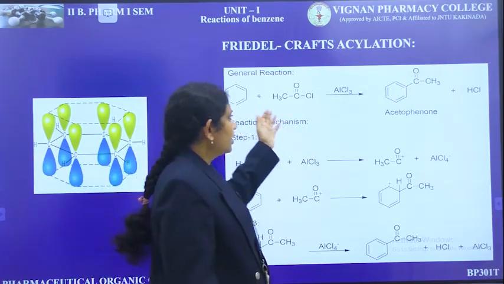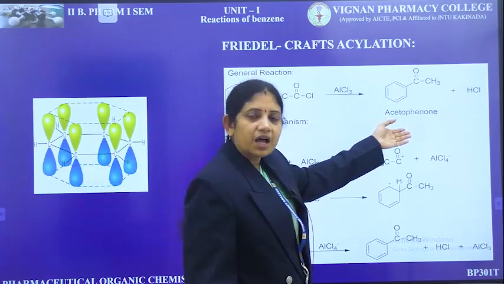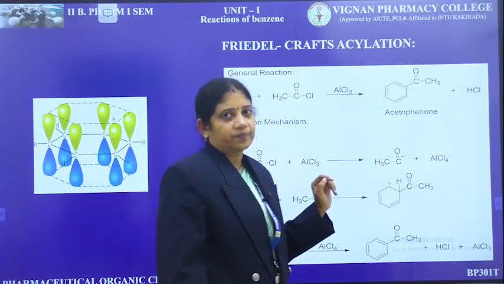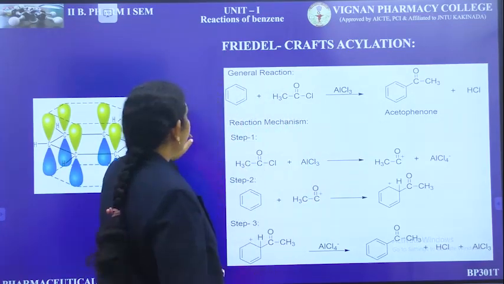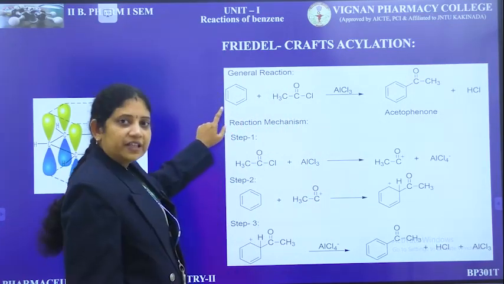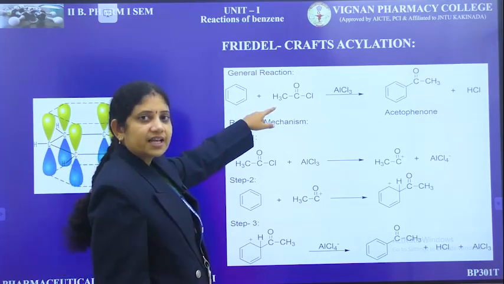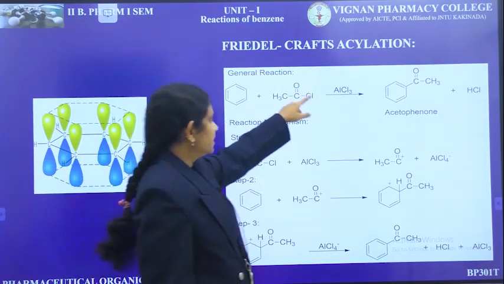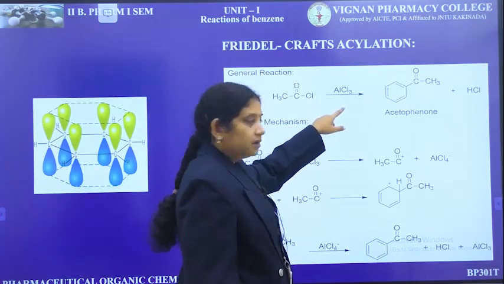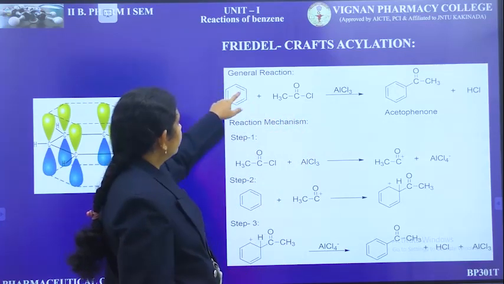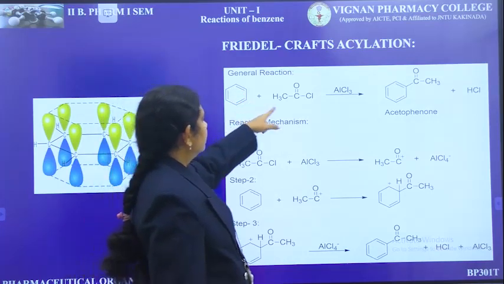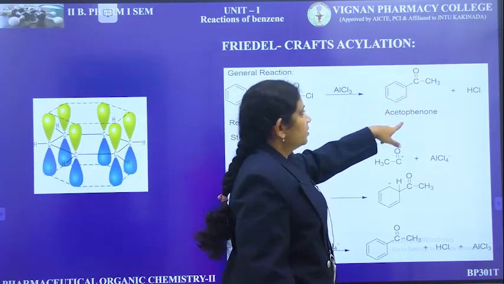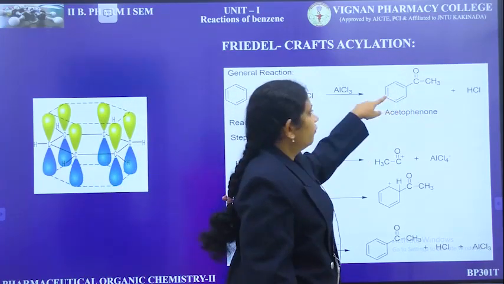At that time it can give aromatic ketones. For example, if you observe the reaction, when benzene is treated with acetyl chloride in the presence of aluminum chloride, one of the hydrogens is replaced with this acetyl moiety. That way it converts into acetophenone.